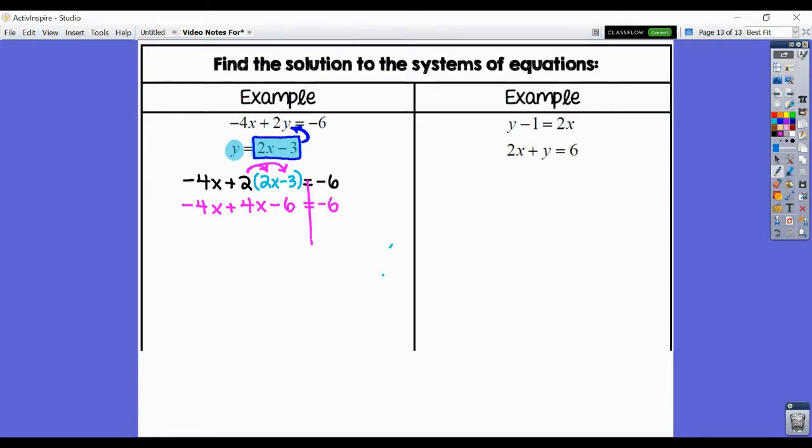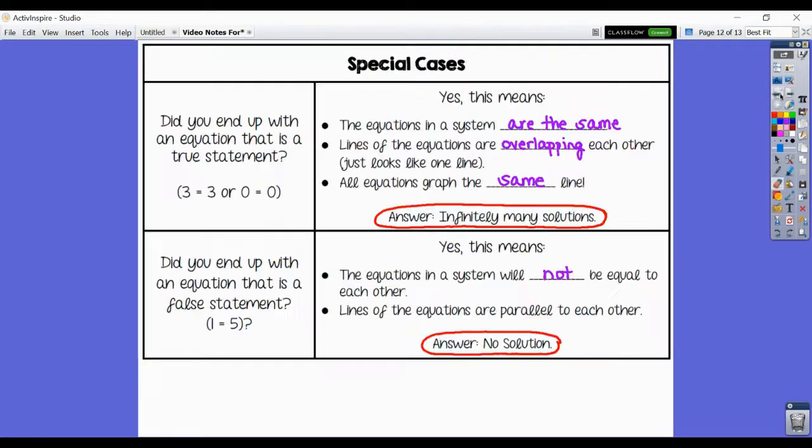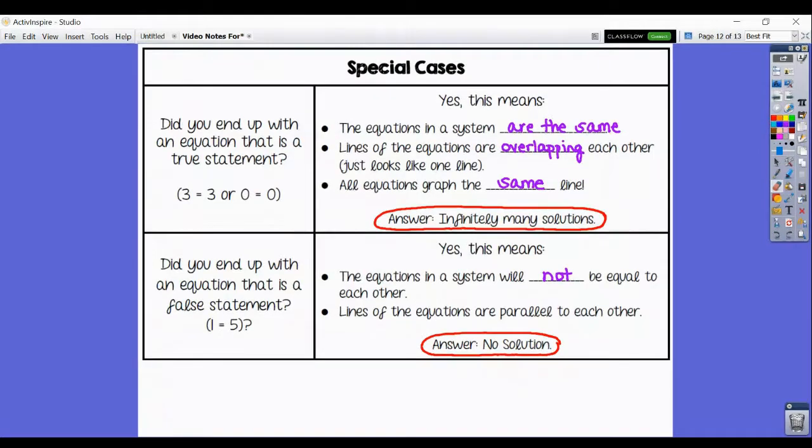Combine variables on the same side. Negative 4x plus 4x is just 0x, leaving me with negative 6 being brought down, and negative 6 being brought down on the right. When I have negative 6 equals negative 6, I think about what I had back on my last page of notes. Which of the following did I end up with? Well, it looks very similar to 3 equals 3 or 0 equals 0.